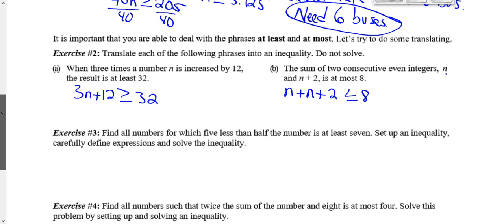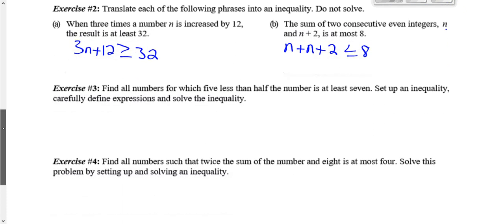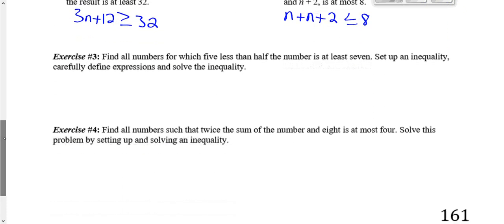All right, let's take a look at exercise 3. Find all numbers for which 5 less than half the number is at least 7. You want to let n be the number? So we need 5 less than half.